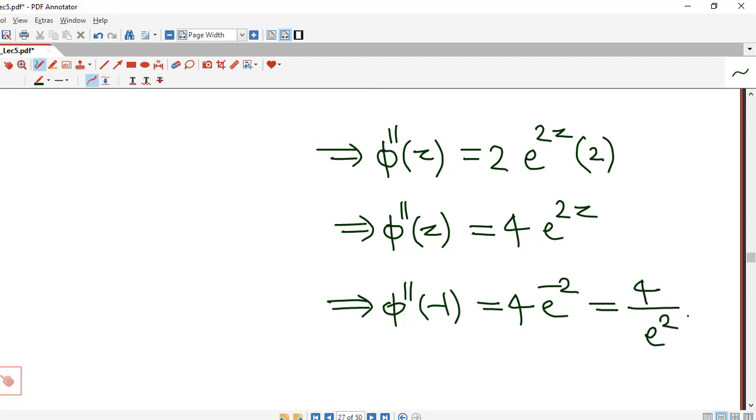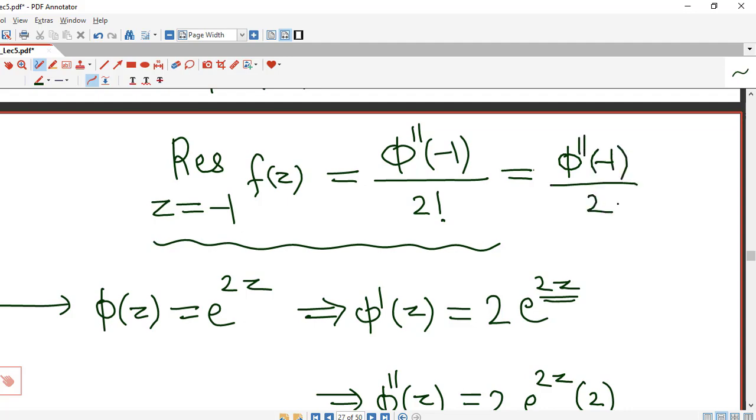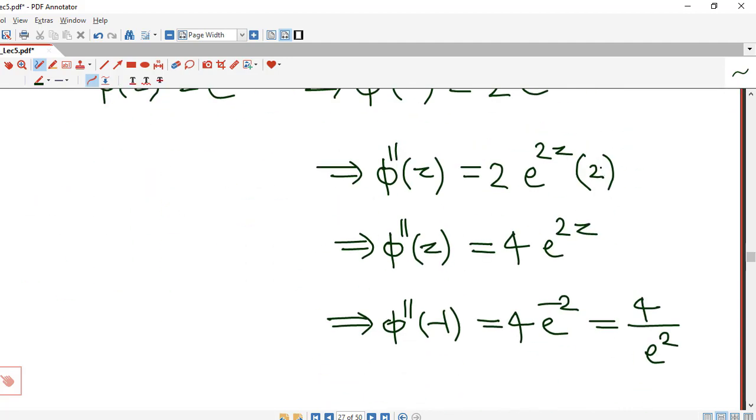So we substitute this value in this equation and we will obtain the residue of f(z). This is going to be phi''(-1) divided by 2 factorial, that is 2.